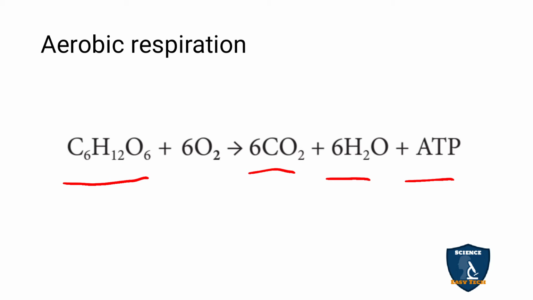So one molecule of glucose is oxidized. Oxidized means oxygen is added. Think like that. Glucose is added with oxygen, gives carbon dioxide plus water plus ATP. So the ATP is the energy. This is aerobic respiration.